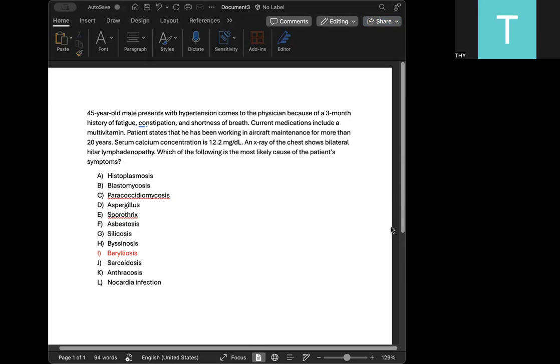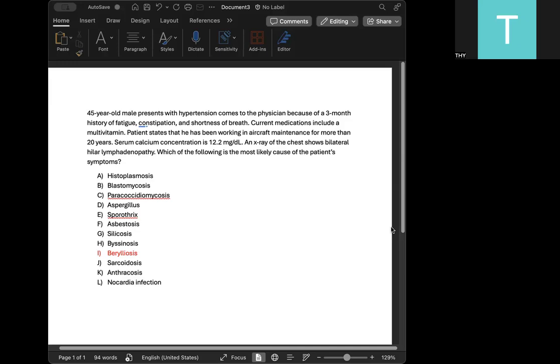Usually the patient presents with a circular rash that you can easily Google. It's very pathognomonic for paracoccidioidomycosis. Most questions related to it will mention the patient has visited South America.